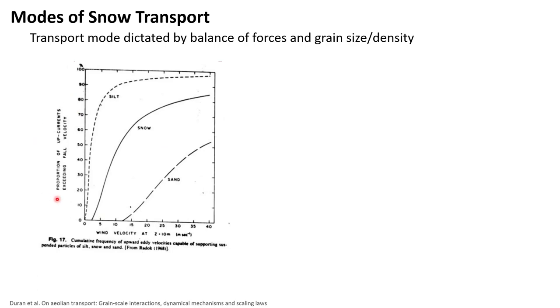And then on the y-axis we have the proportion of up currents exceeding the fall velocity. And fall velocity means the velocity or the rate at which the silt, the snow, or the sand particles are falling vertically down to the ground. And so what it's essentially capturing here in this figure is that as the wind velocity increases, we're capturing a greater percentage of those grains and keeping them in suspension in turbulent flow above the ground.